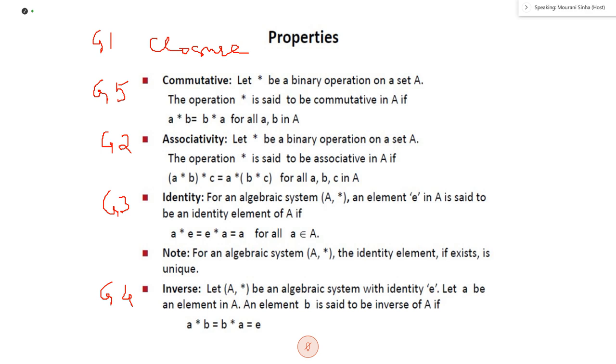G2 is the associative property, G3 identity, G4 inverse, and G5 the commutative law. So G1 to G4 is for a group, and G5 is for an abelian group. If you have understood, fine. If anyone has any question on these five properties, very fast, just write to me in the chat.